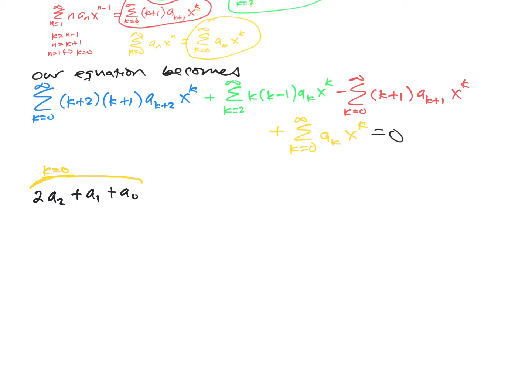Now we also need to plug in k equals 1, so let's do k equals 1. But I'm still going to write it in black. So we get a plus.